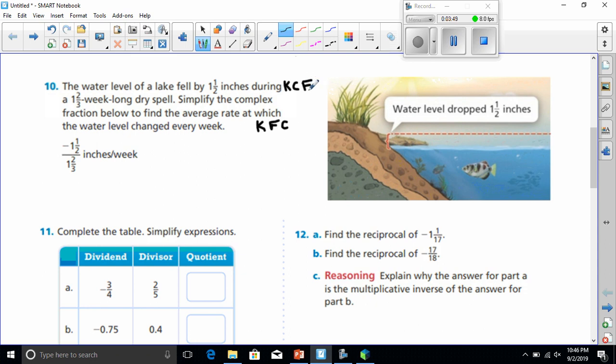Whichever one you want to use, that's fine with me. I always use KFC because it's easier to remember with good old Kentucky Fried Chicken. So we're going to keep the first fraction the same. We're going to flip the second fraction. And we're changing from division to multiplication.